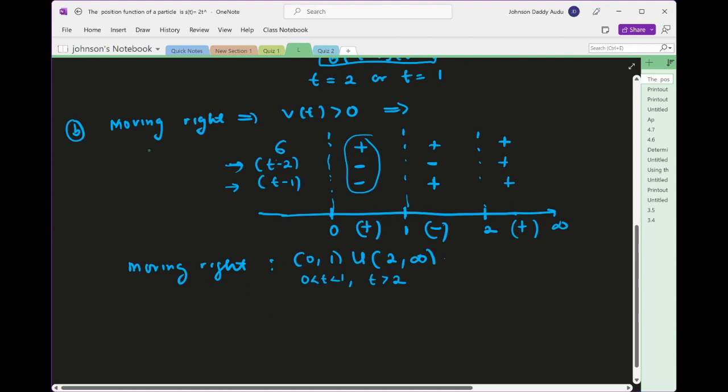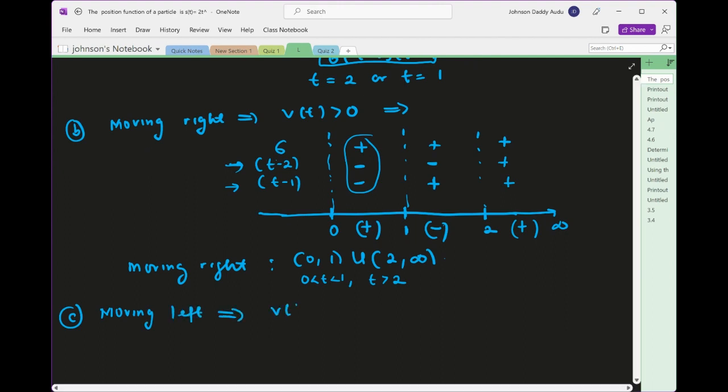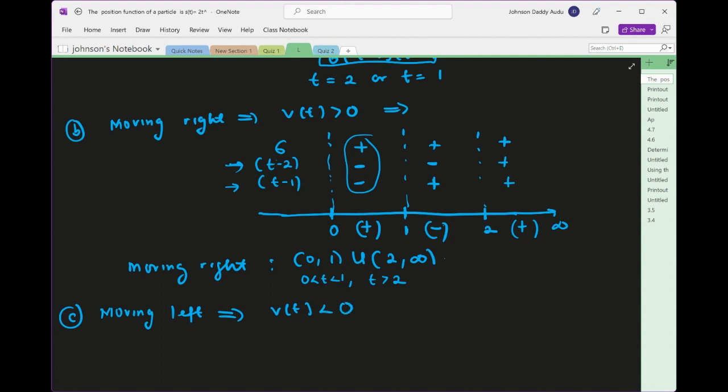Okay, so directly from the table, we can answer our question C, which says moving left. And what does that mean? Moving left means that the velocity is less than 0. So you just need to go to your table and take where the velocity is less than 0. And this is simply the open interval 1 to 2.